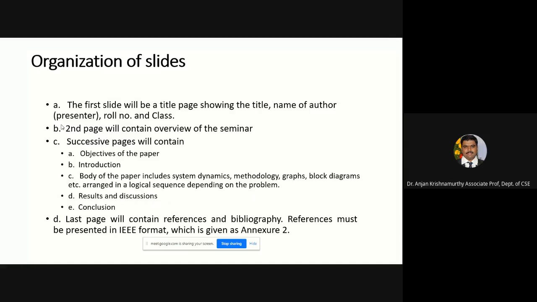The references must be presented in an IEEE format, which may be given as annexure 2, but usually we give it as selected references in the last slide of your presentation.